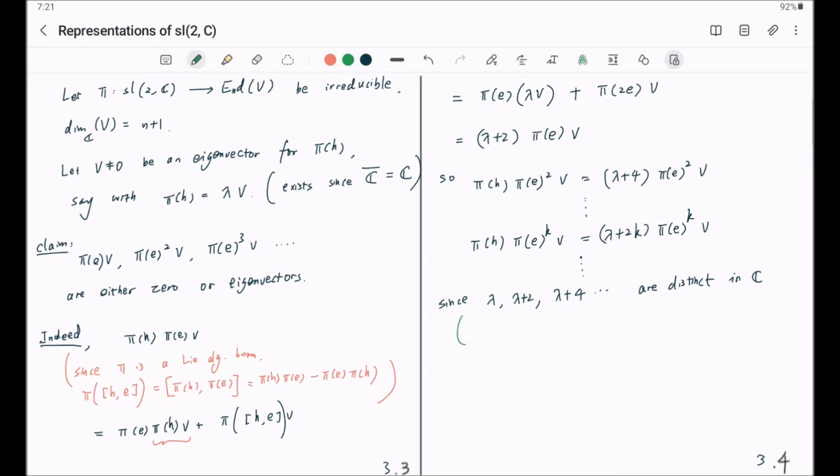So, for those who want to generalize this to other fields, I should remind you that we are using that the characteristic of the field C is 0, not 2. And recall in linear algebra that eigenvectors with distinct eigenvalues must be linearly independent.